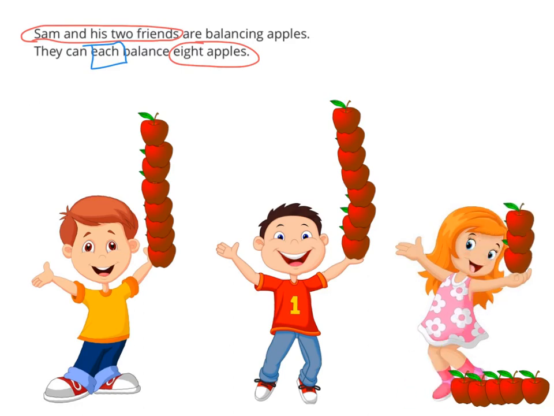These are the number of apples that they are balancing. As we continue, you will see the apples that are in the basket next to them.